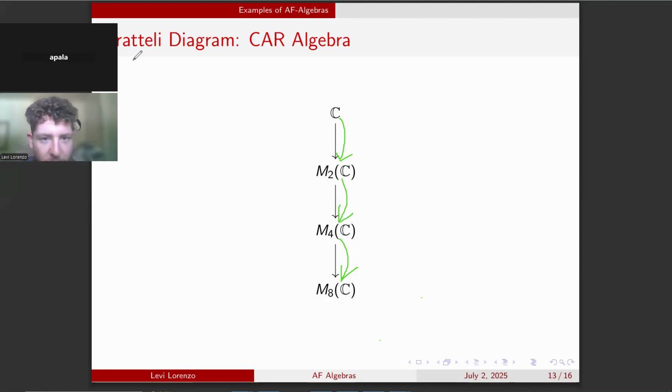So there's a big contrast between the von Neumann and the C-star algebras in this realm. With C-star algebras, you have a lot of different AF algebras. You can change the dimension of these matrices, you can change these maps, and you get a whole bunch of different C-star algebras.